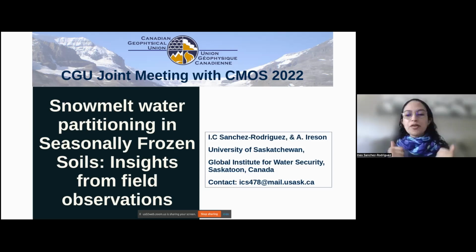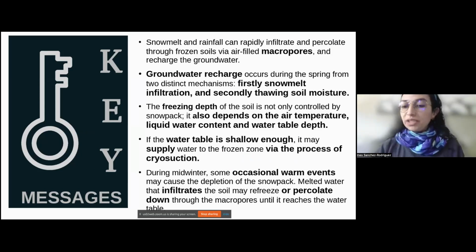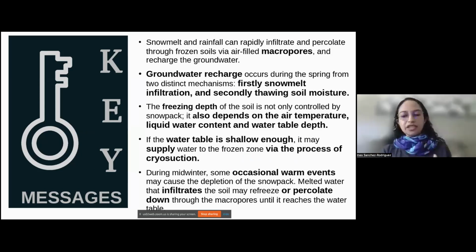First, macropores. We suspect that rapid infiltration and percolation in frozen soils is given by macropores, even in frozen conditions. Infiltrated water coming from the snowpack can reach the groundwater table. Secondly, we found that the groundwater recharge during the snowmelt period occurs from two distinctive mechanisms.